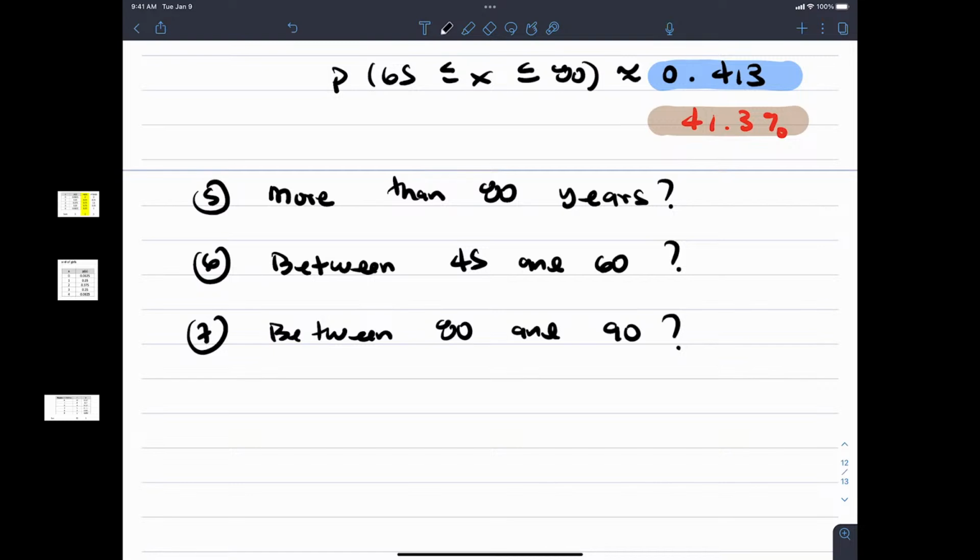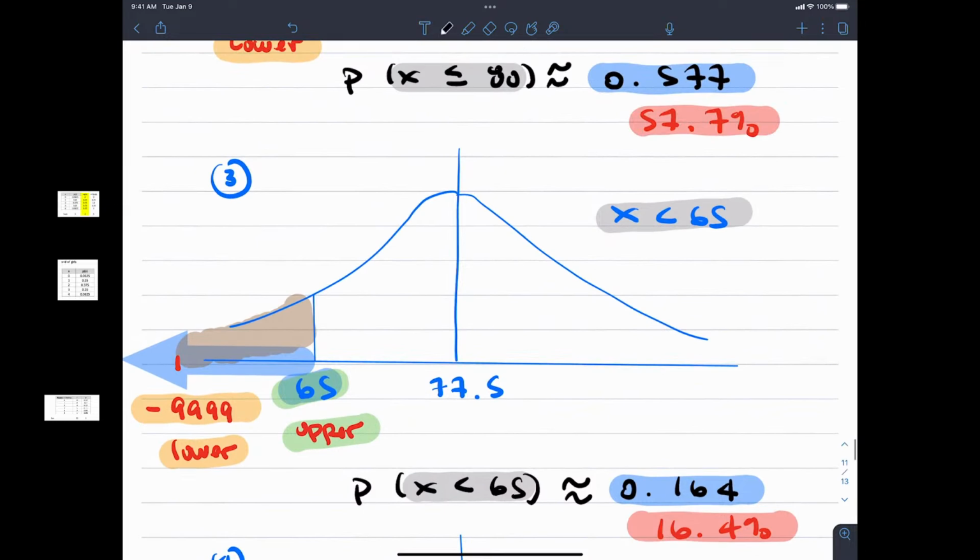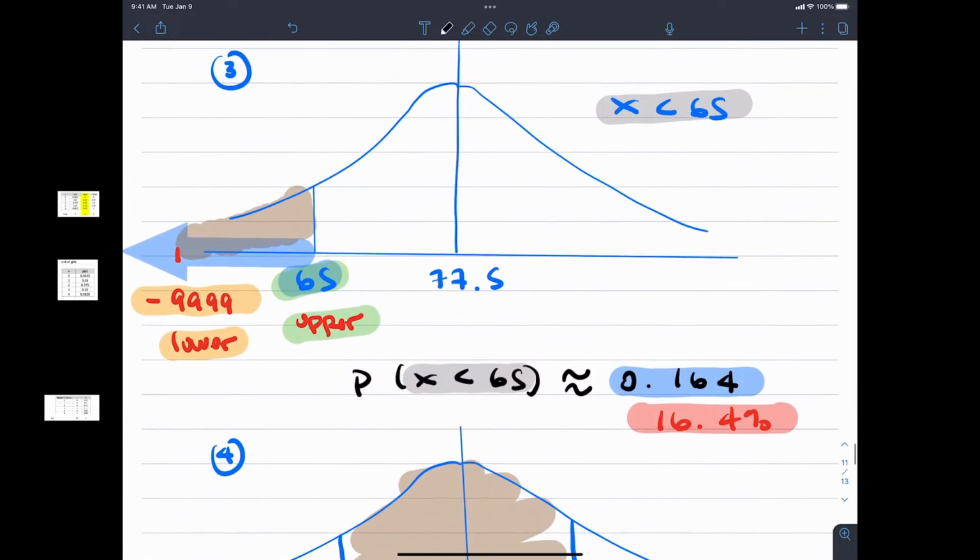Okay, yes. What would be the difference between less than 65 years and no more than 65 years? You got a very, very good question, and there's a very interesting and good answer. So you see this question here, less than 65.